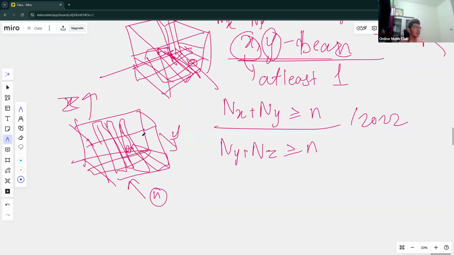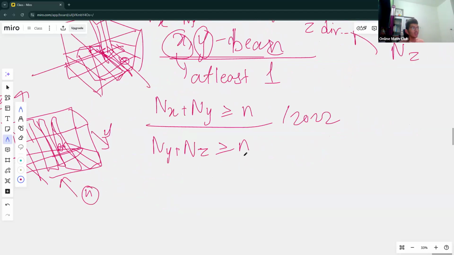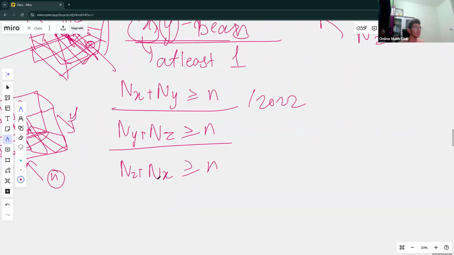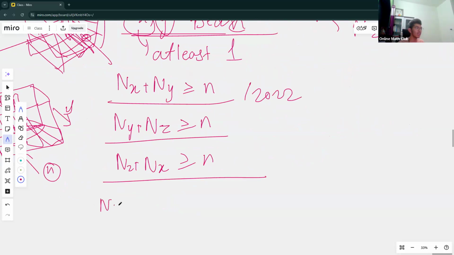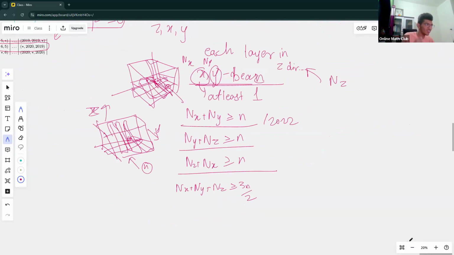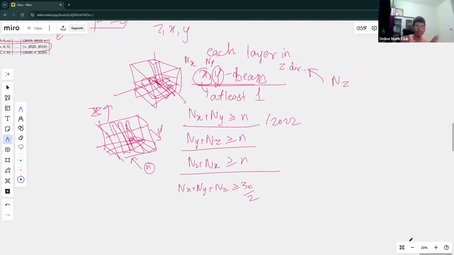So this is why we also have ny plus nz greater than or equal to n, and similarly nz plus nx greater than or equal to n. If you add them up, we get that the total number of beams should be greater than or equal to 3n by 2. Did everyone understand? Because I did not explain that properly. It's hard to explain.